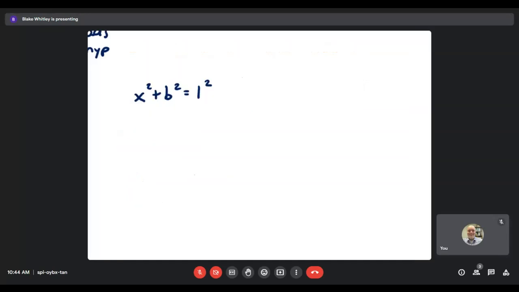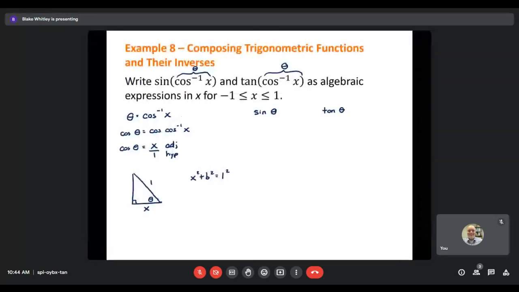So I'm just going to subtract the x squared now on both sides. So that's going to give us b squared equals 1 squared is just 1, so that's 1 minus x squared. And now to get b by itself, I need to take the square root. So we end up with square root of 1 minus x squared.